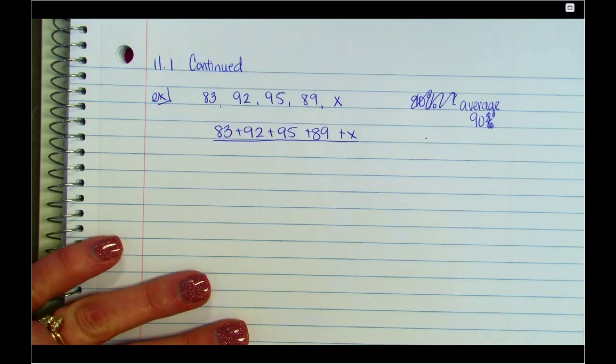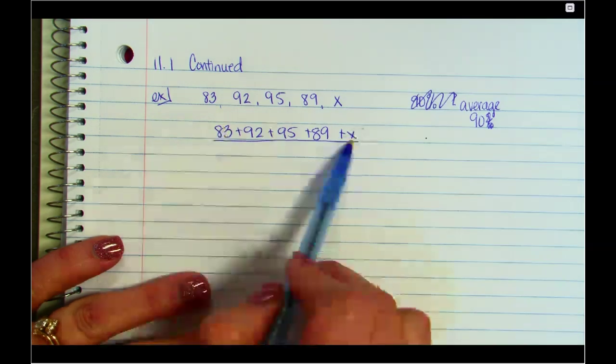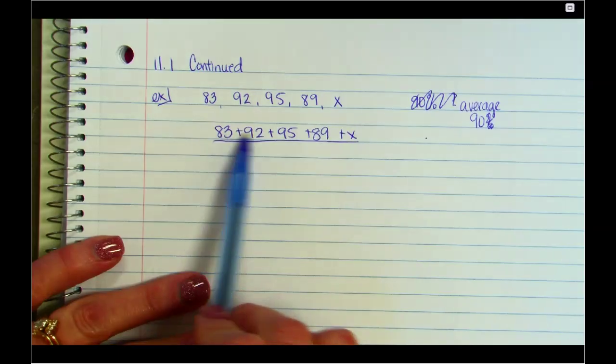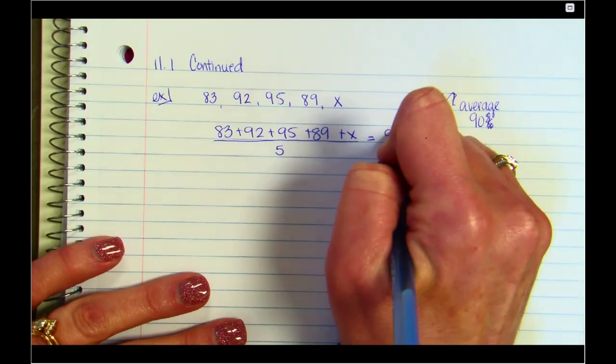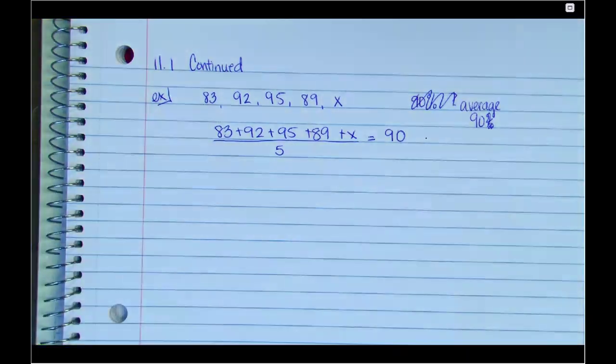We're going to divide by 5, and that should equal 90. If we solve this equation, it will help us figure out if we can have a 90% in the class, or what score we would need to get a 90% in the class. Now, listen. You should be writing this down. You're going to be doing this on your homework.